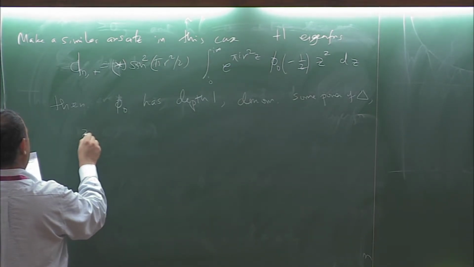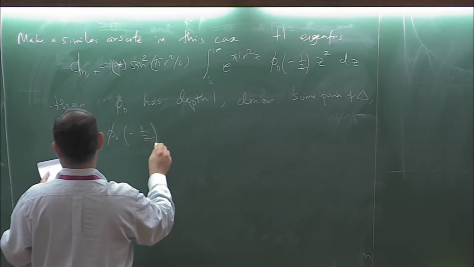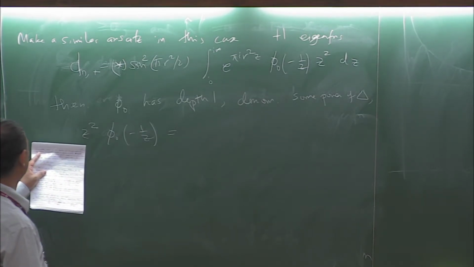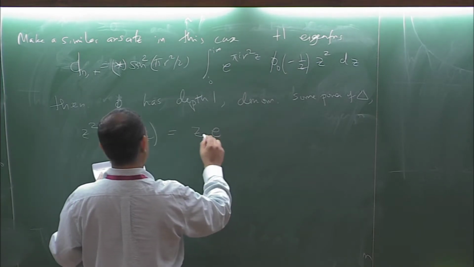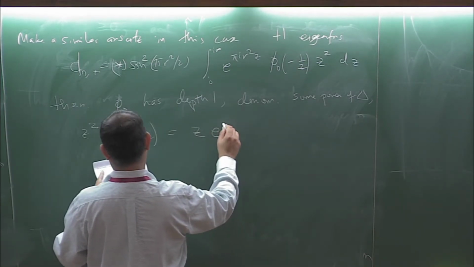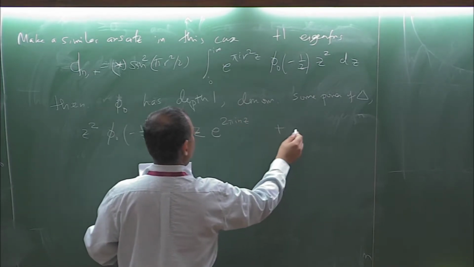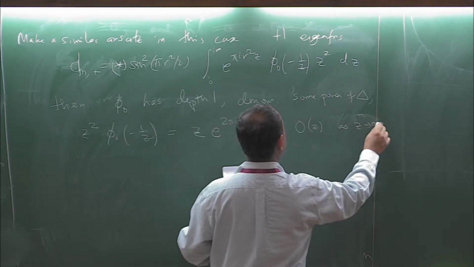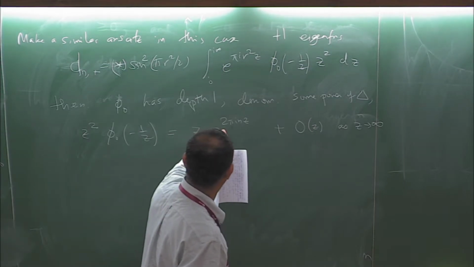And you're going to get z squared phi 0 minus 1 over z. Here's the key thing. When you do the Q expansion near infinity, you get that this must look like z e to the 2 pi I n z plus O of z as z goes to infinity. This is really a plus. I hope I did this right.